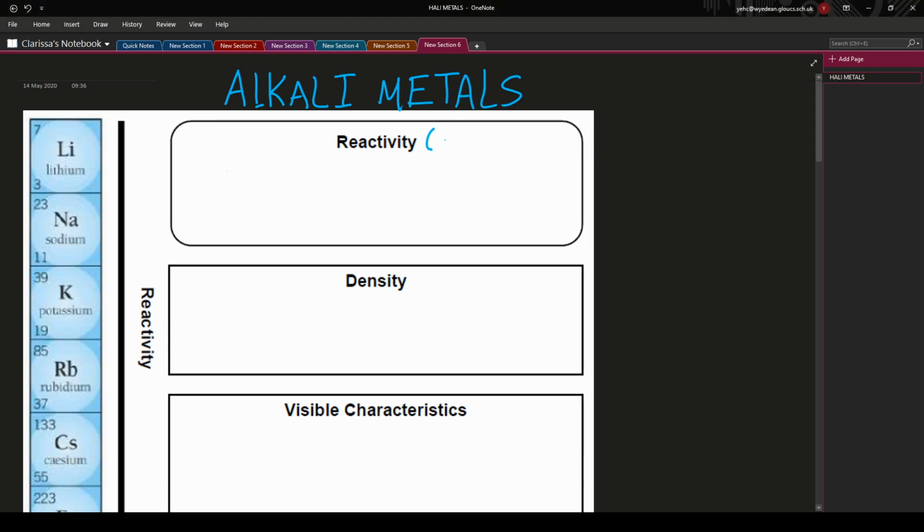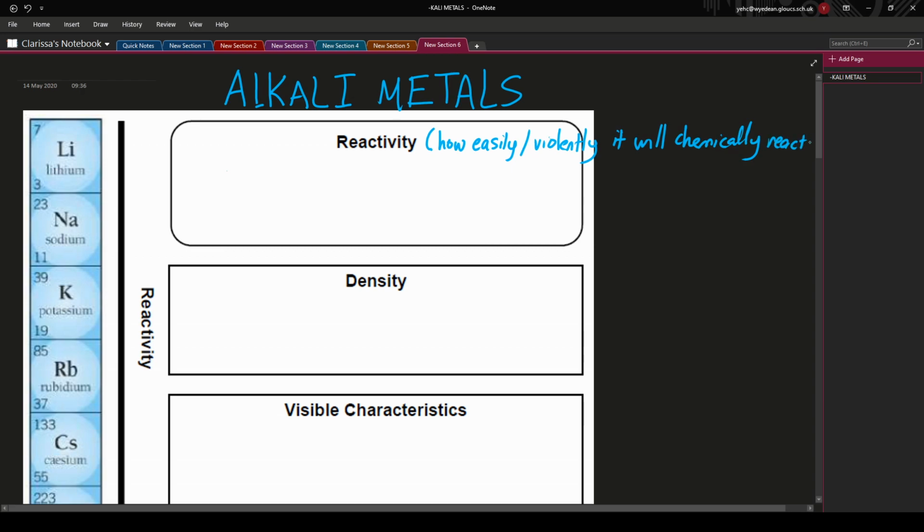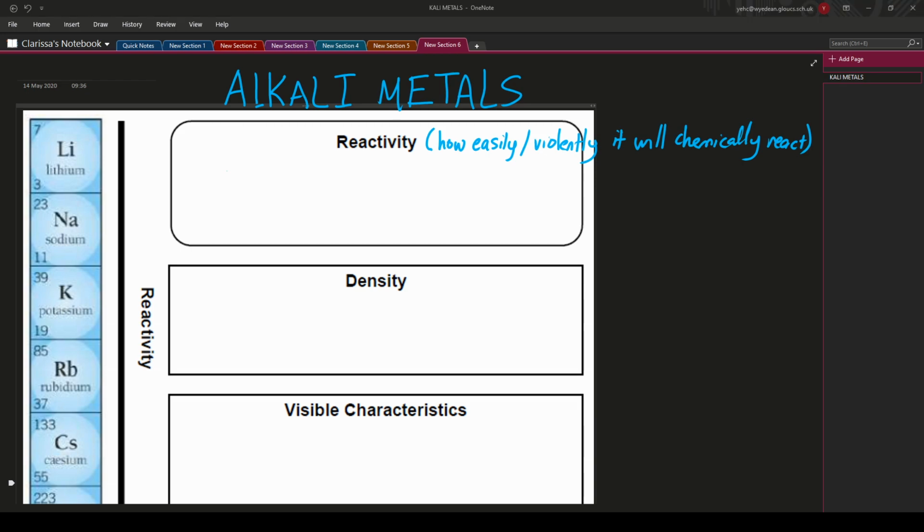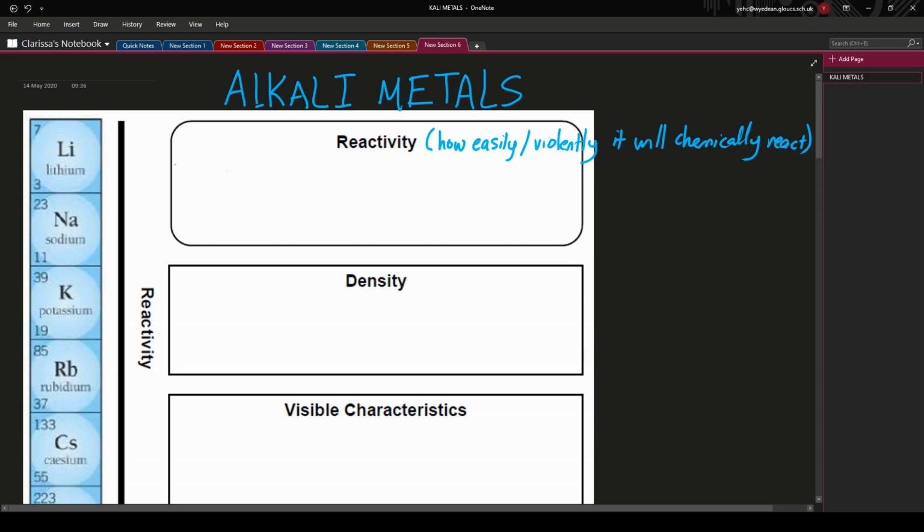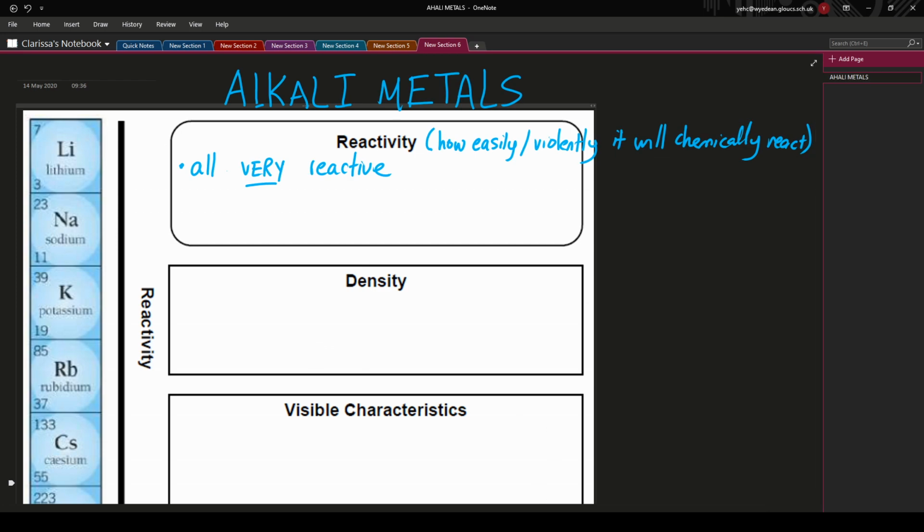Reactivity, just to put in brackets, is how easily or violently it will chemically react. Now the alkali metals are all very reactive. They have that in common with each other.